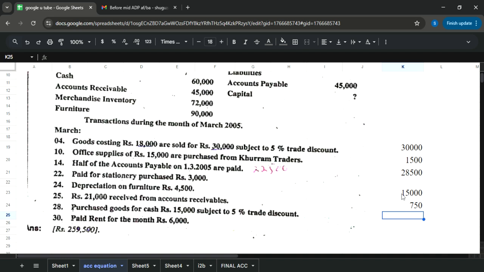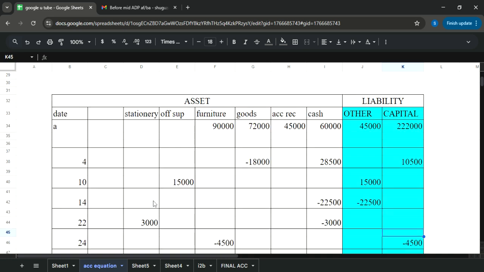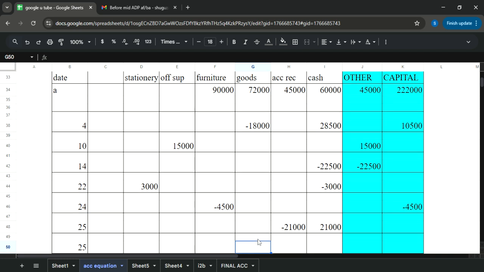Now the net amount, the actual amount was 15,000 minus discount. You have got 14,250. Since goods are purchased, there is an increase in goods and merchandise. This is the column for goods, and here there would be an increase. How much? 14,250, which we have just calculated.